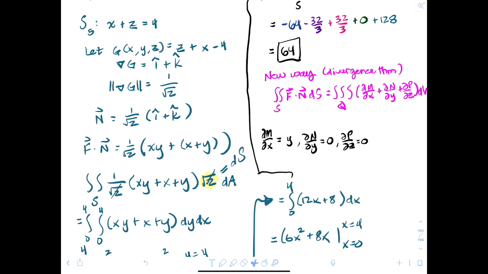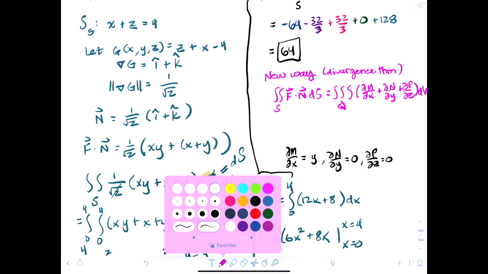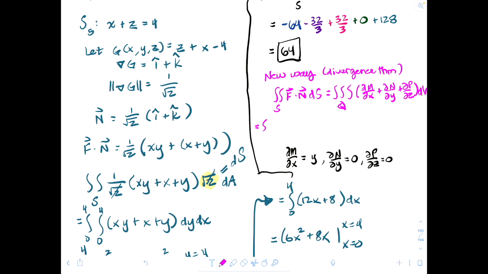So this will equal the integral from 0 to 4, 0 to 4, and 0 to 4 minus x of y, that's the divergence of f, dz dy dx.